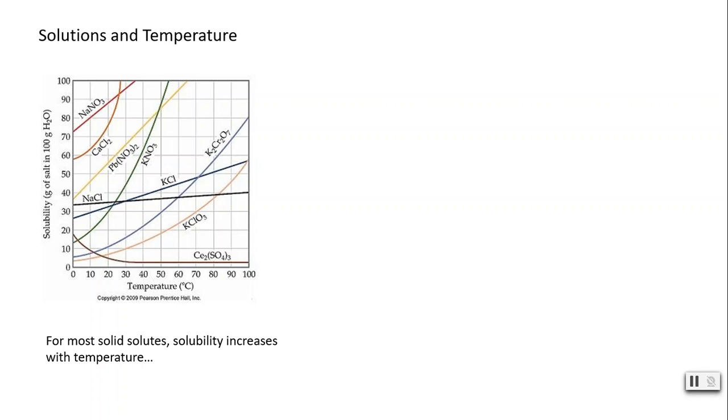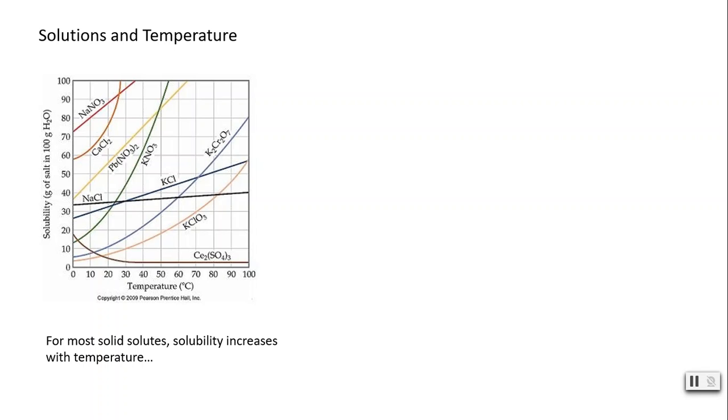You've got solubility on the y-axis, temperature on the x, and generally speaking, with the exception of this sulfate compound at the bottom, as you increase your temperature, what happens to the solubility? What do you see those lines do? They generally have an upward trend. So that means that the solubility of those salts increases with increasing temperature.